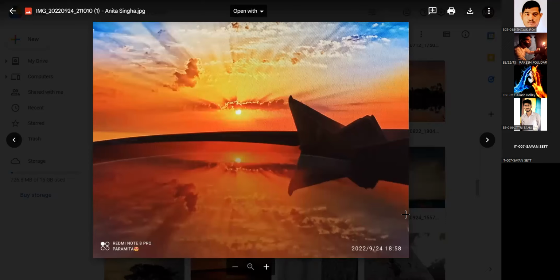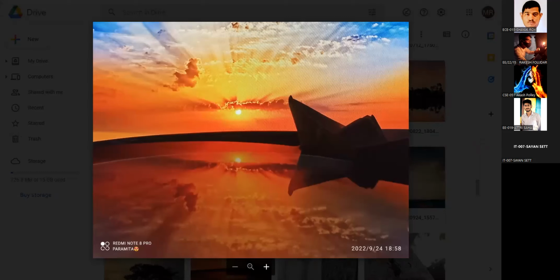I mean, how can one take this kind of picture and the horizon look like that, how the horizon could be bent like this. Then I did a little bit of research. I'm not taking the name of this student, but I did research on it.